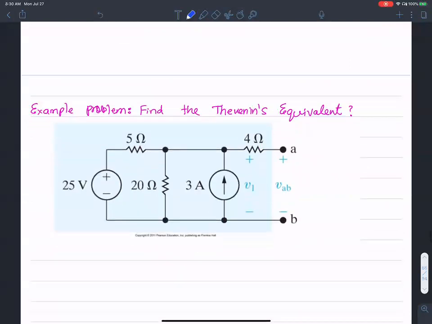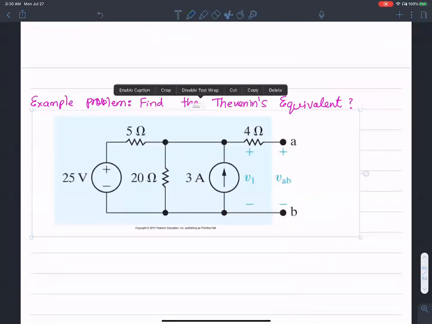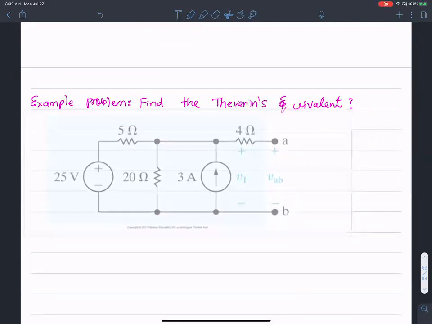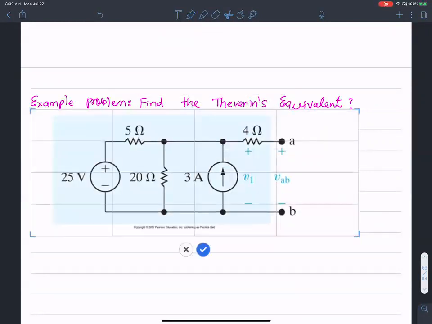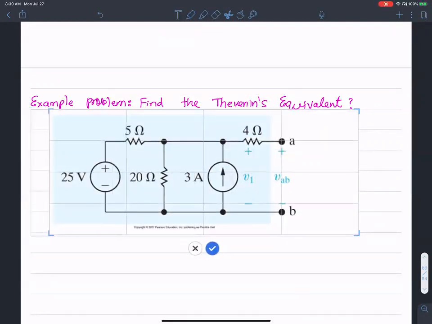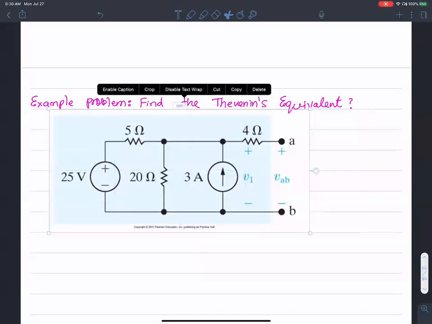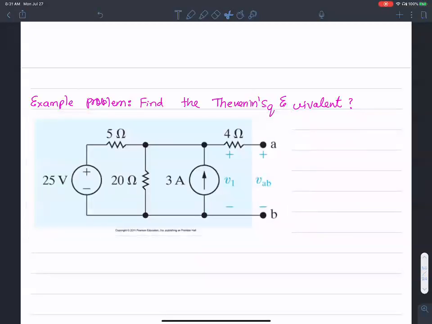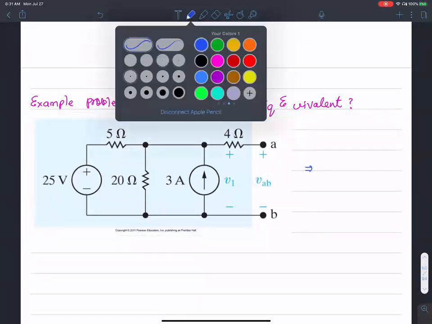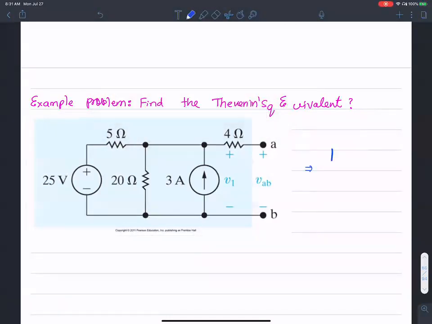So here is an example problem. The problem is: find the Thevenin's equivalent of this circuit. How do you find the Thevenin's equivalent? In other words, the question really is to find one circuit that looks like a voltage source with a series resistance.